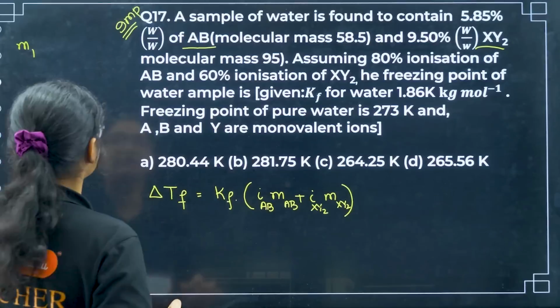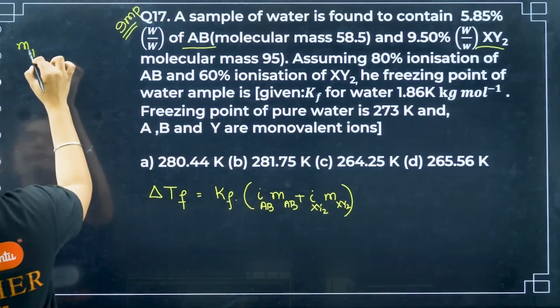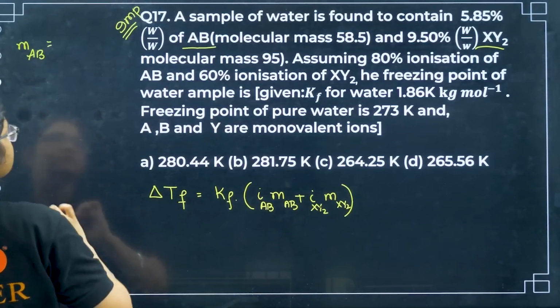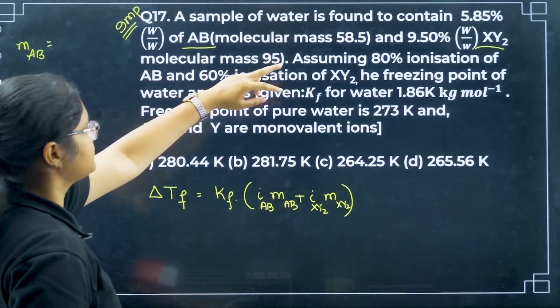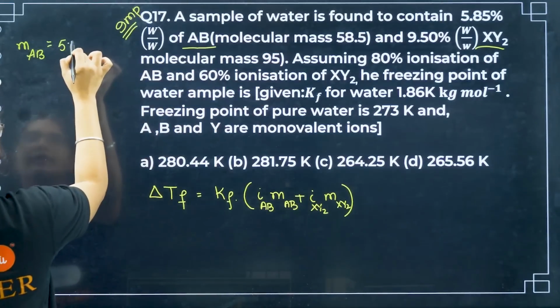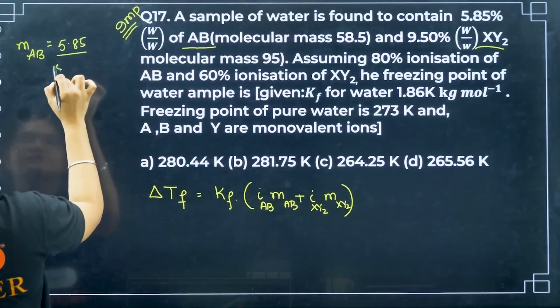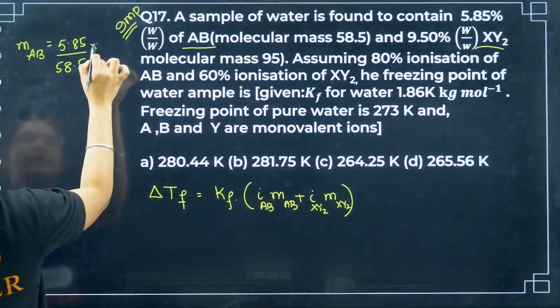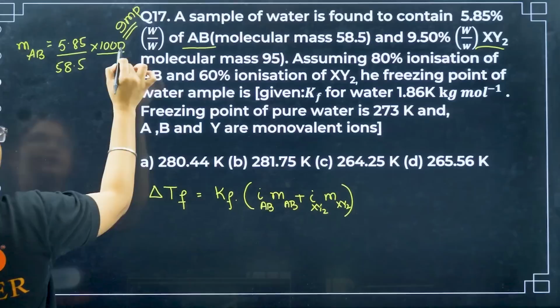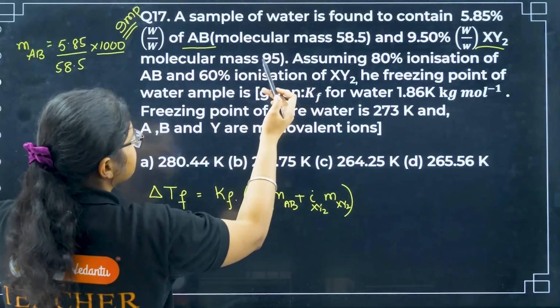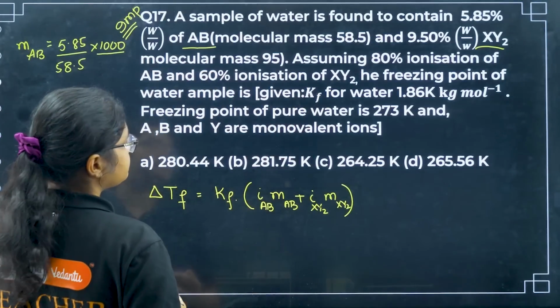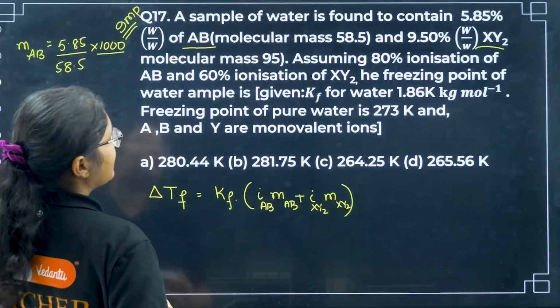Okay, so let me first calculate M of AB. So molality is what? Given mass, 5.85, divided by molar mass 58.5, into 1000 by the mass of the solution, this one 100 gram, right?